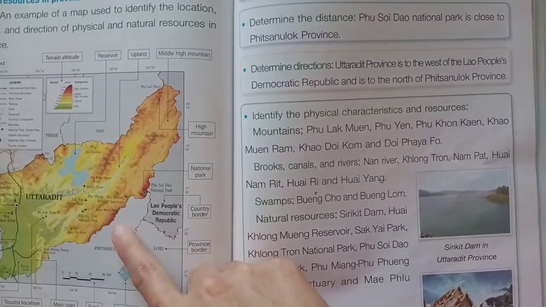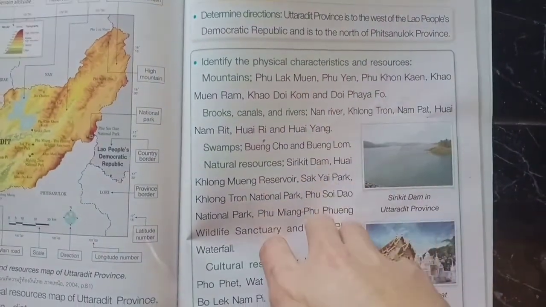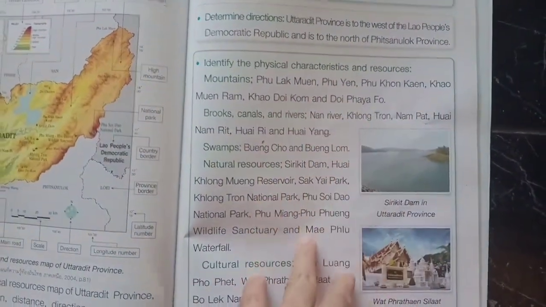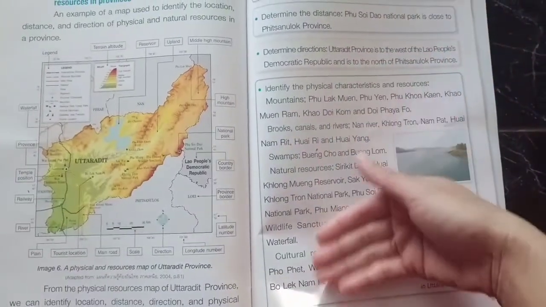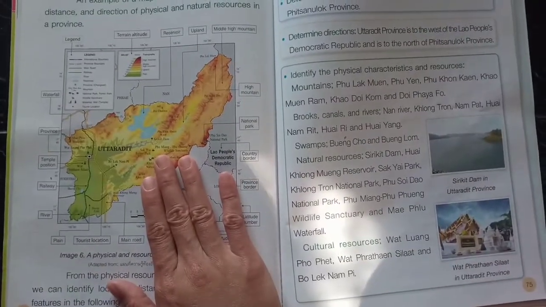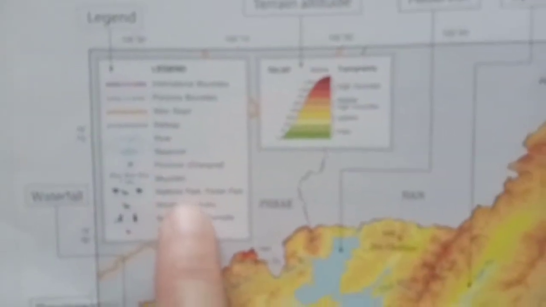So you can always see the distance. So this one identifies what you can see on the map. This one is the identification of what is really going on in here. So you're just going to look at the map. As you can see, we have legends.